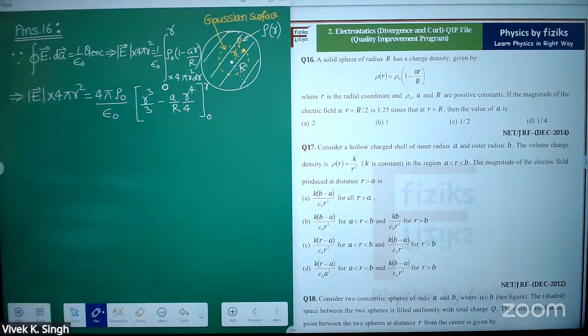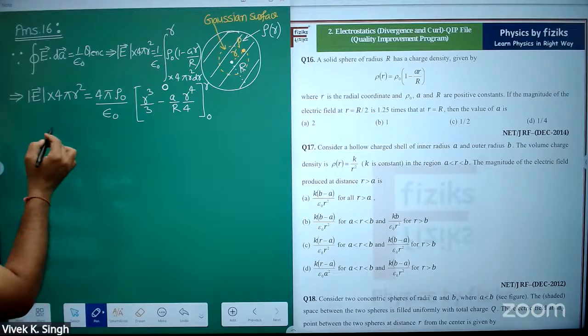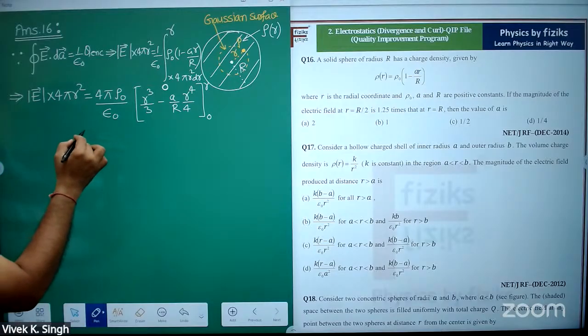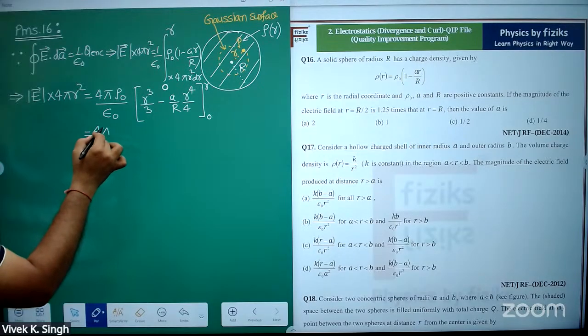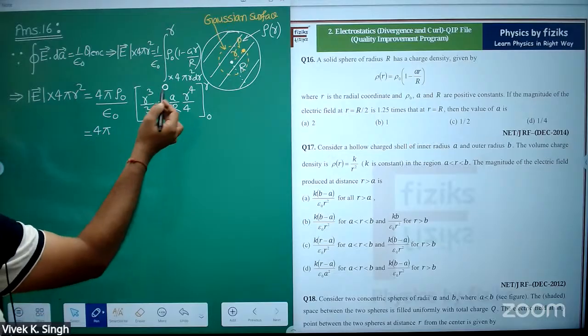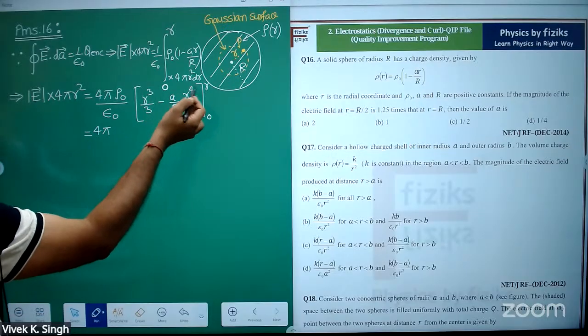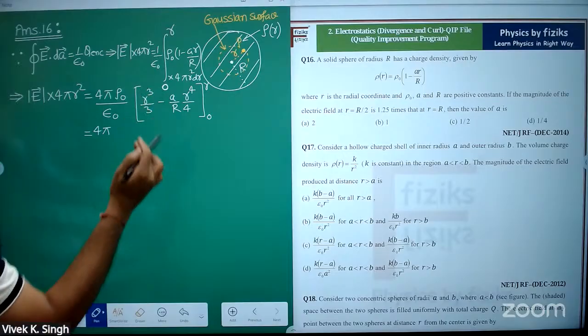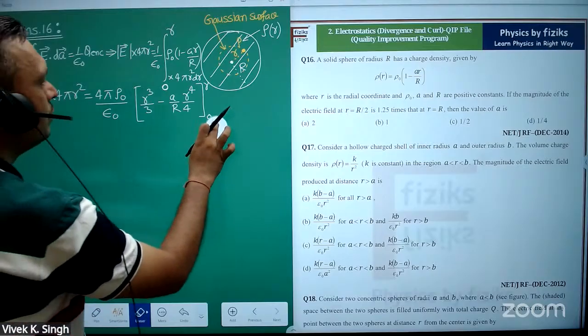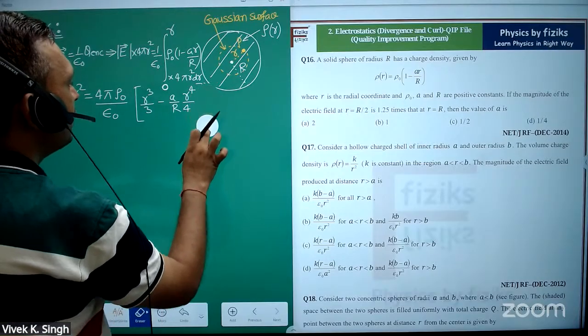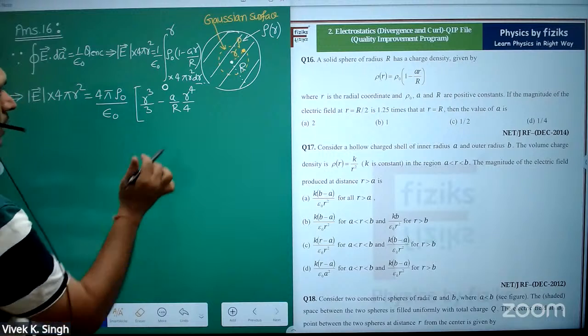Yes or no? So this is the same value; we have integrated 0 to r only.